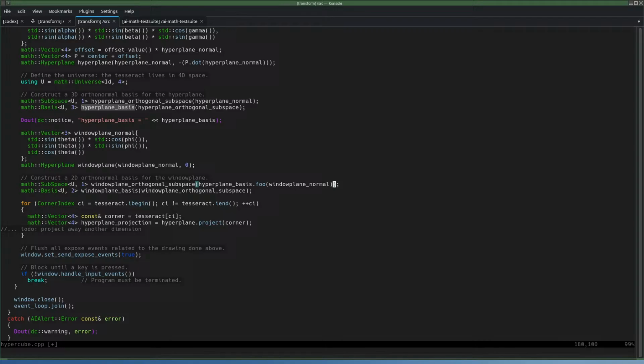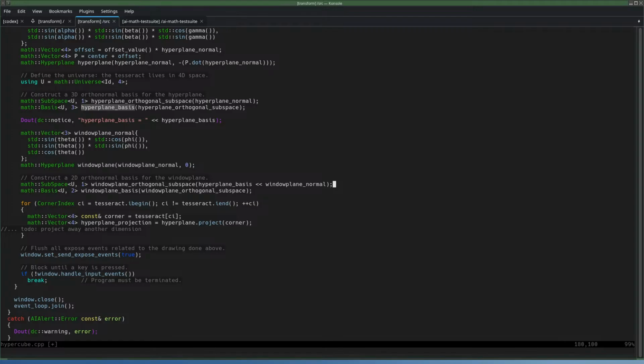We could use some dirty trick like use that, for example. It's also a method. I think this might be readable, maybe even more readable than choosing some foo word here. As in, this converts the window plane normal to the hyperplane basis.